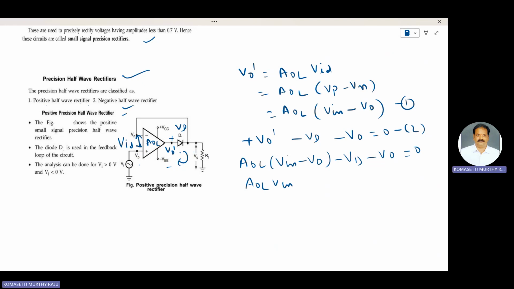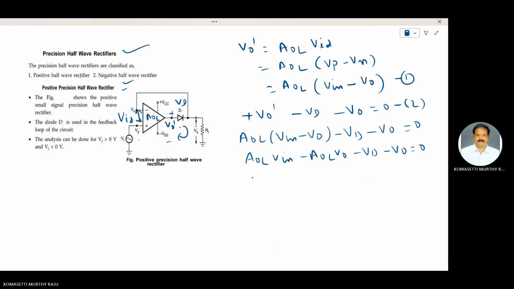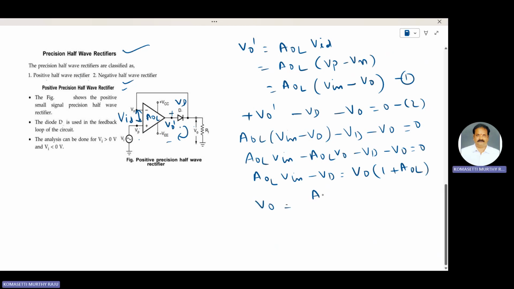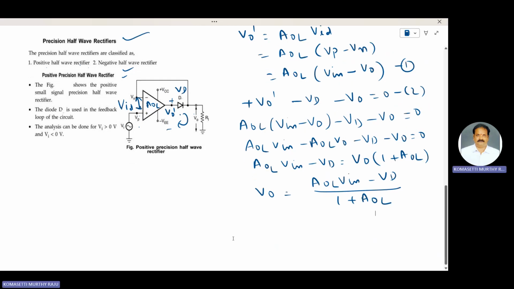AOL Vin minus AOL V0 minus VD minus V0 is equal to 0. AOL Vin minus VD is equal to V0 into 1 plus AOL. Therefore, V0 is equal to AOL Vin minus VD, divided by 1 plus AOL.